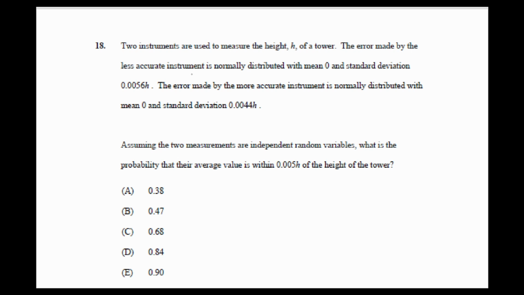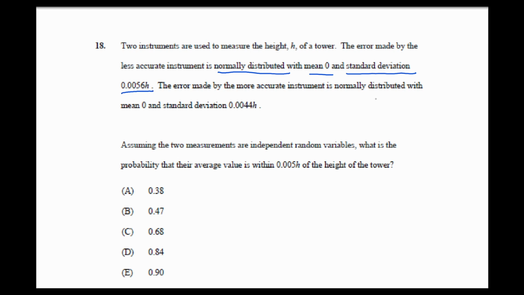Two instruments are used to measure the height h of a tower. The error made by the less accurate instrument is normally distributed with mean 0 and standard deviation of 0.0056h.